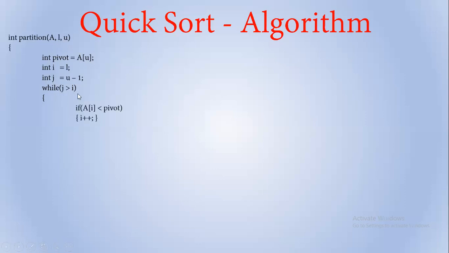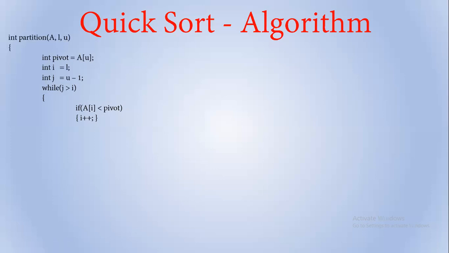So we always compare both the ith element and the jth element. What is the ith element in the first step? When i is equal to l, the ith element is the first element.